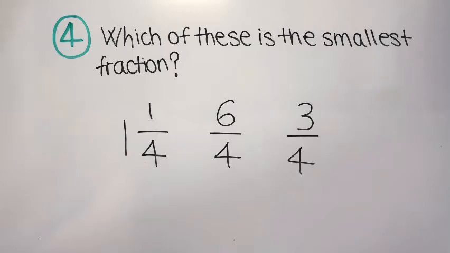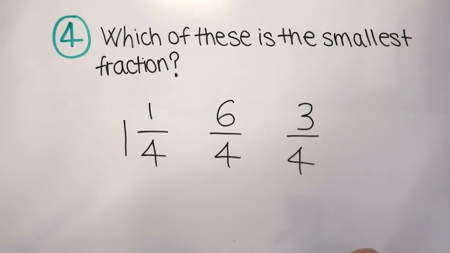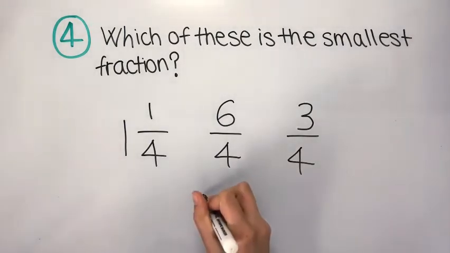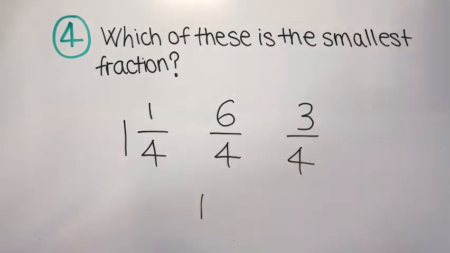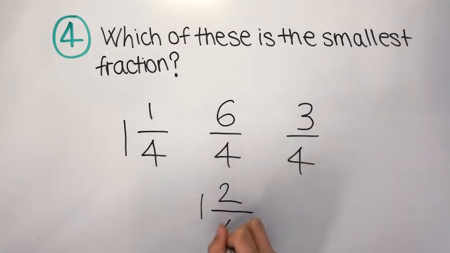We can write this as a mixed number. To find out how many whole numbers we have, we see how many 4s go into 6? Well, only 1. So we've got 1 as our whole number. 6 minus 4 gives us 2, and that's all over 4.